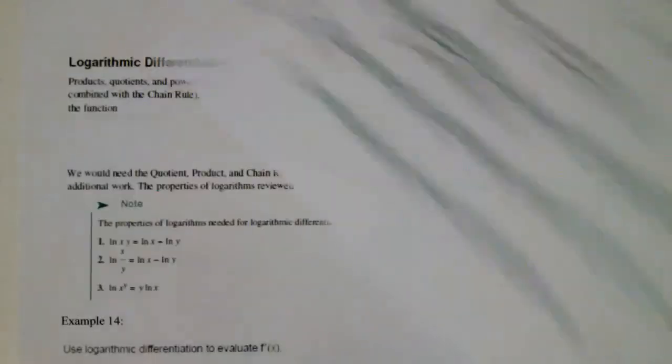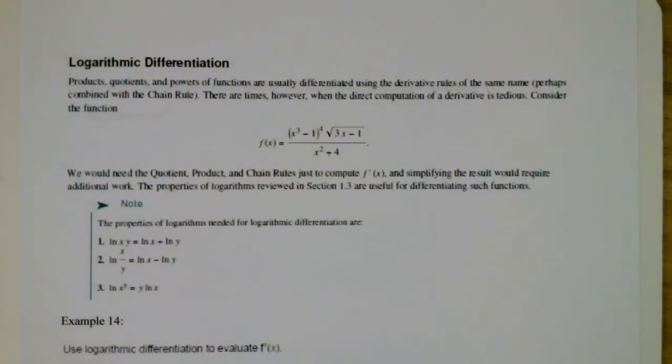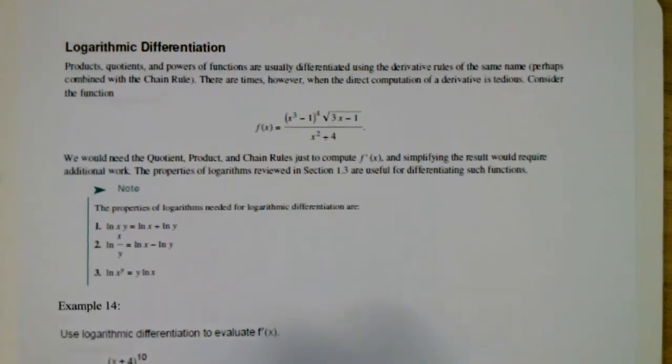All right, next we'll look at logarithmic differentiation. Products, quotients, and powers of functions are usually differentiated using the derivative rules of the same name, and perhaps combined with the chain rule as well. There are times, however, when the direct computation of a derivative is tedious and it can be time-consuming.